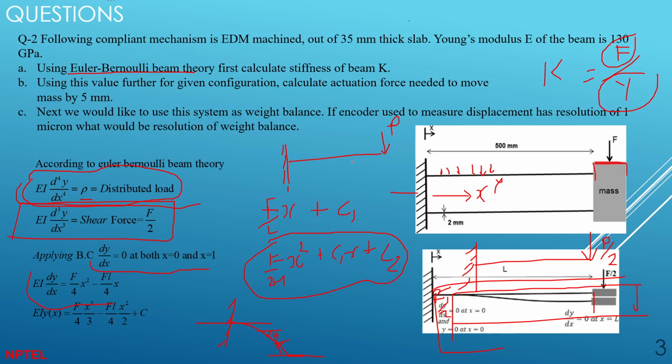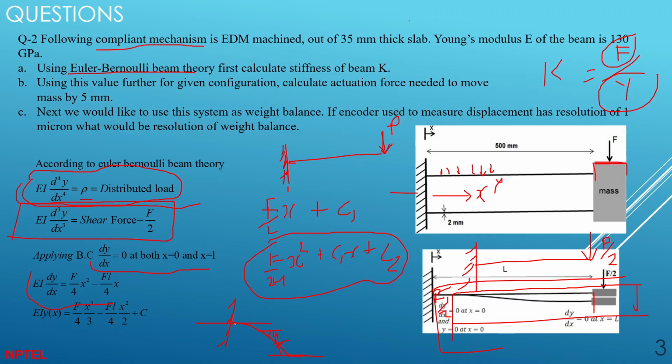If you're solving a simple beam problem, then it won't occur. In a simple beam problem, the slope is 0 only here, not here, and the maximum slope is here. But please remember it's a compliant mechanism.